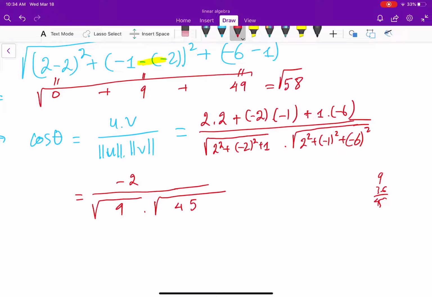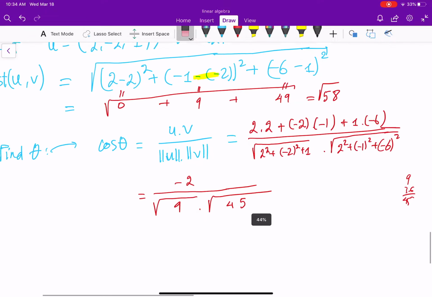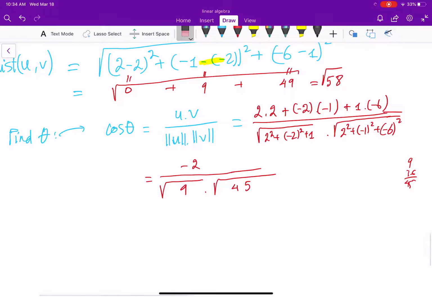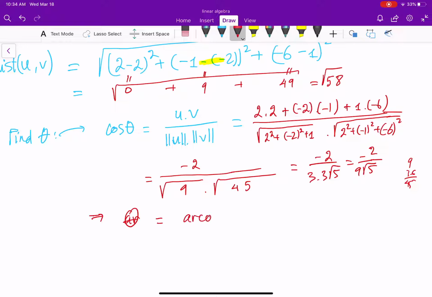So you can simplify that however you want. Let's simplify that as I have said. So I have -2, I have 3 times 3 square root of 5, right? Or -2 over 9 square root of 5. From here you can find theta equal to arccosine of -2 over 9 square root of 5.